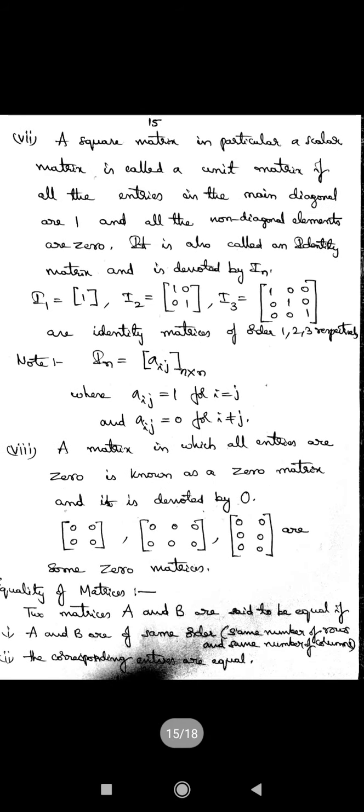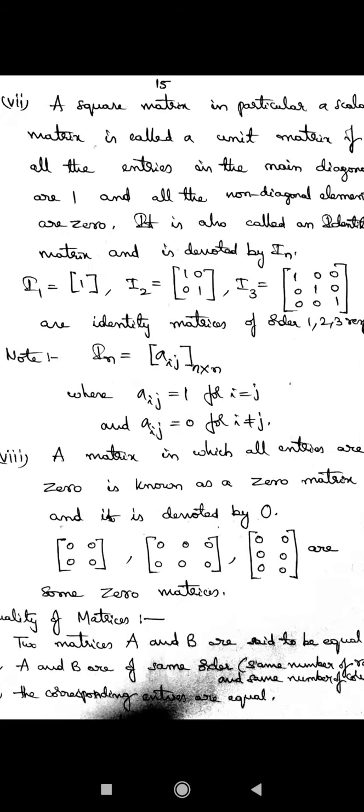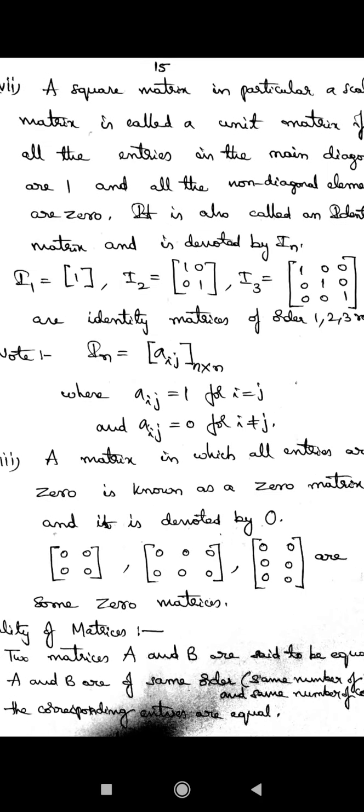So In can be represented as the matrix consisting of Aij of order n by n, where Aij is equal to 1 for i equal to j, which means the diagonal element should be 1, and Aij is equal to 0 for i not equal to j.